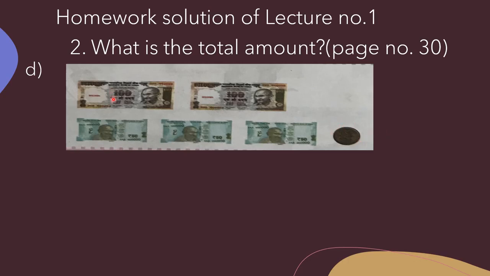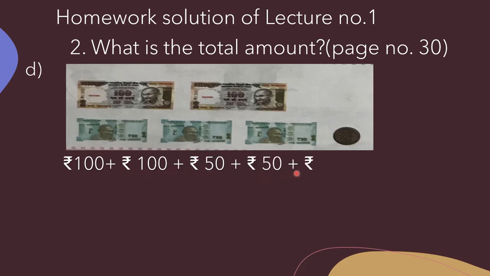So let's see which notes are there. 100 rupee note, again 100 rupee note, then 50 rupee note, again 50 rupee, again 50 rupee, and this is a coin of 5 rupees. So now we have to add this amount. Here we will write rupees 100 plus rupees 100 plus rupees 50 plus rupees 50 plus rupees 50 plus rupees 5.